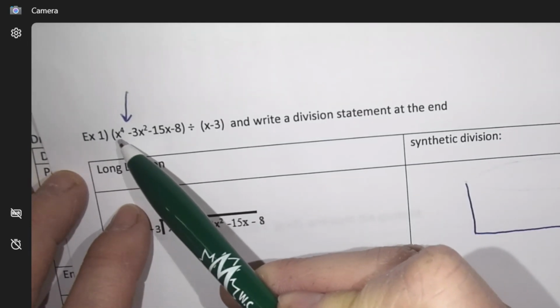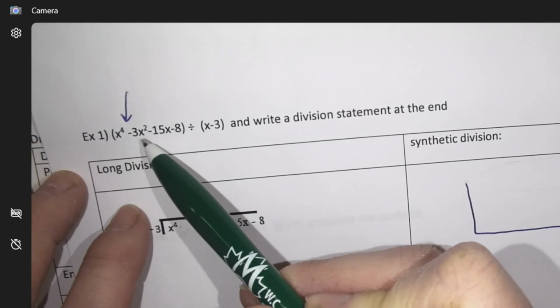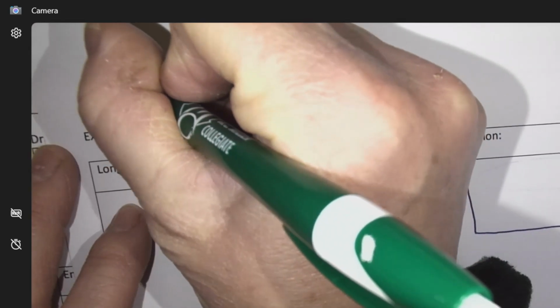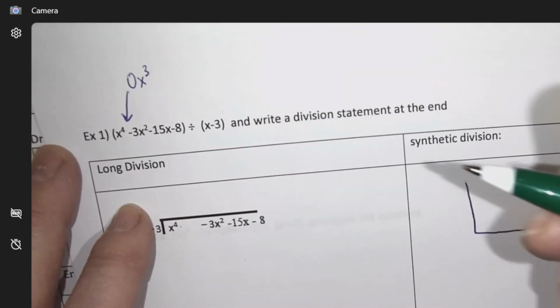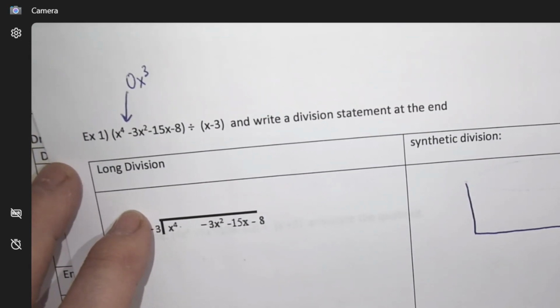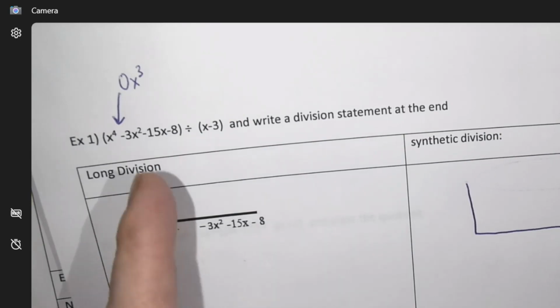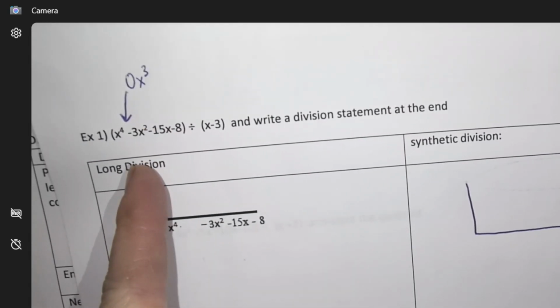We went from an x fourth to an x squared. Did that go down one? What happened? We missed x cubed, right? Okay, so we're going to think that's in there. So we're just going to call it 0x cubed.